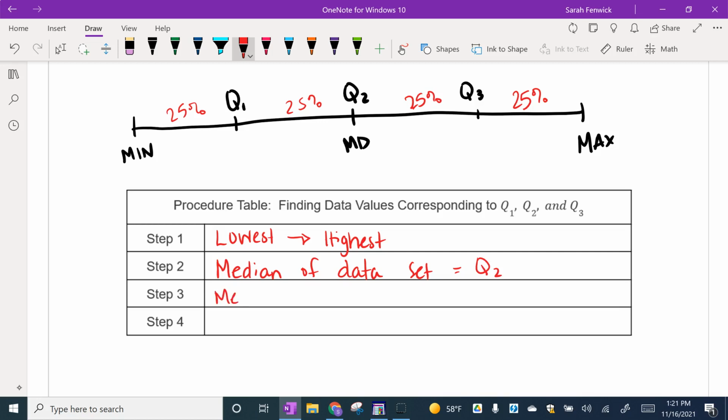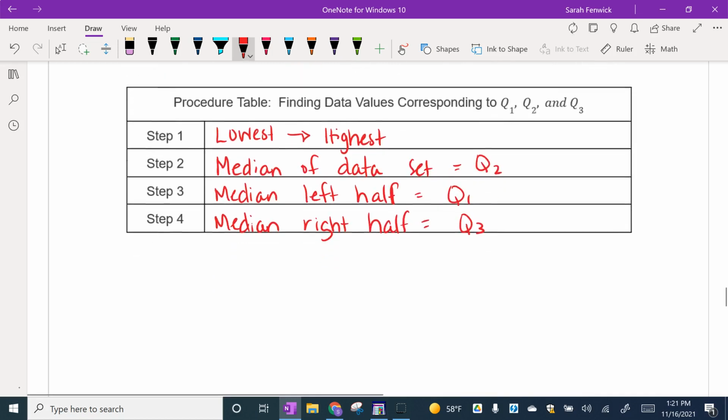Then the median of the left half of the data is Q1. The median of the right half of the data is Q3.